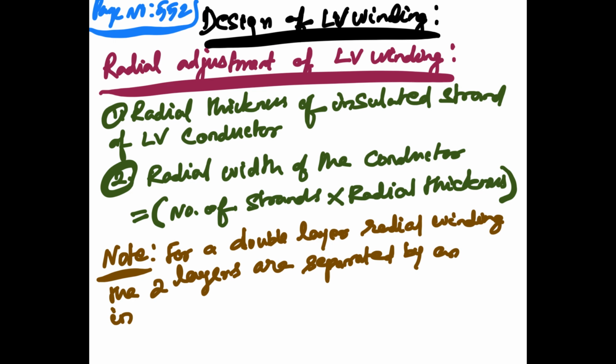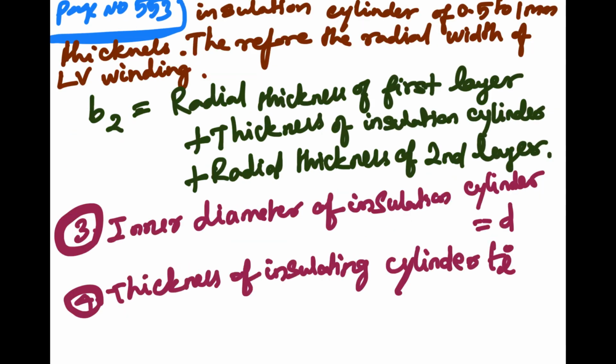Therefore, the radial width of LV winding, B2, is equal to radial thickness of first layer plus thickness of insulation cylinder plus radial thickness of second layer.